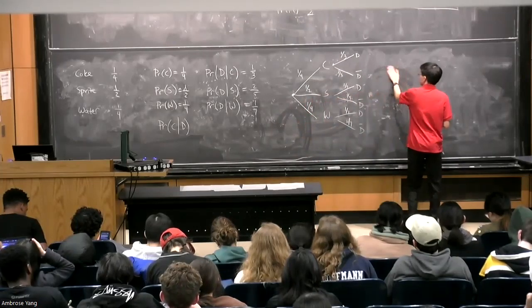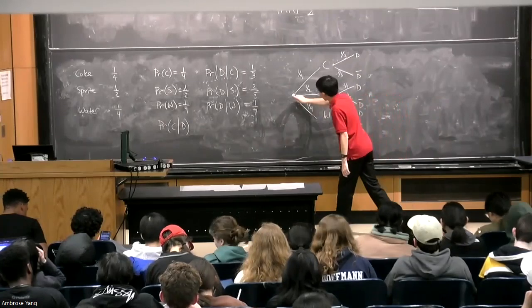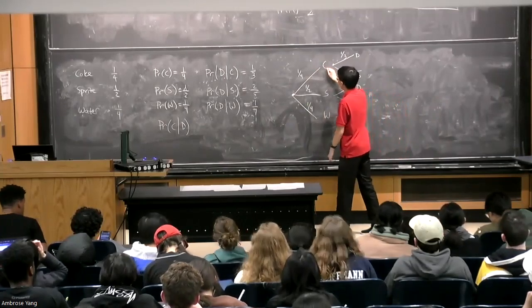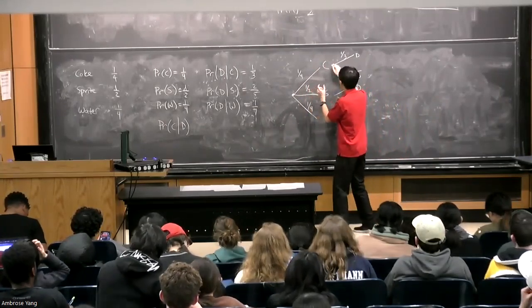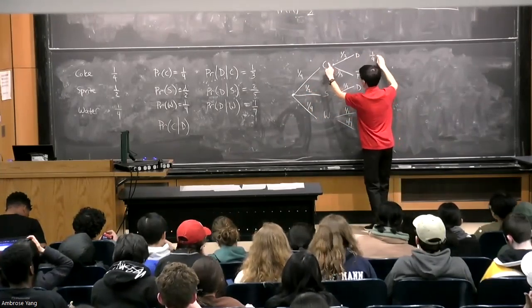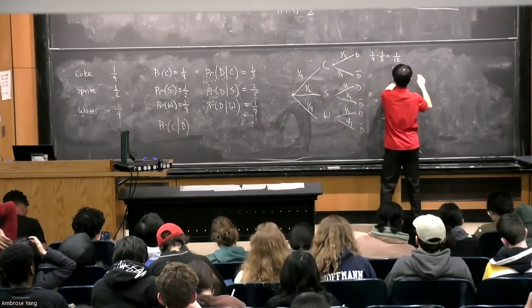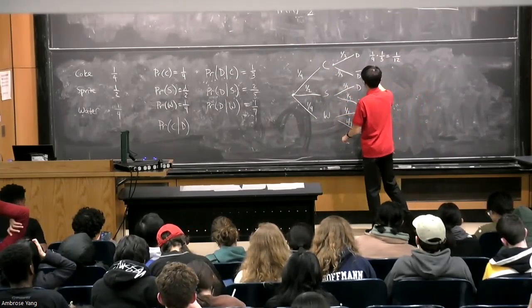So here, what's the probability that he gets a Coke and he drinks it? Well, 1/4 of the time he comes down here. And out of that 1/4, 1/3 of the time he comes down here, this gives you the 1/12. I can do that similarly here.